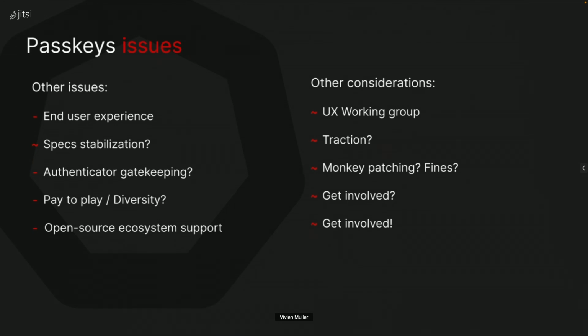It's called monkey patching, which is basically overriding the JavaScript primitives of the engine, of the browser. But this is the only way for credential managers to be able to act as authenticators, at least in the browser.